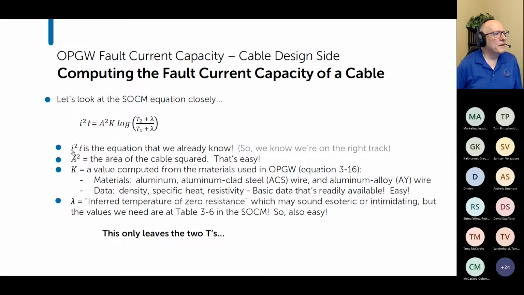Here we go. This I squared T is the equation that we already know. It's what we use to calculate the required fault current capacity. So that's easy, and it tells us that we're on the right track. This A squared is just the area of the cable squared. That's easy, just get it from a supplier's data sheet. Now the K is a value that's computed from the materials used in OPGW, in the Southwire book at its equation 3-16, how you calculate K. Those materials are aluminum, aluminum clad steel wire, and aluminum alloy wire.